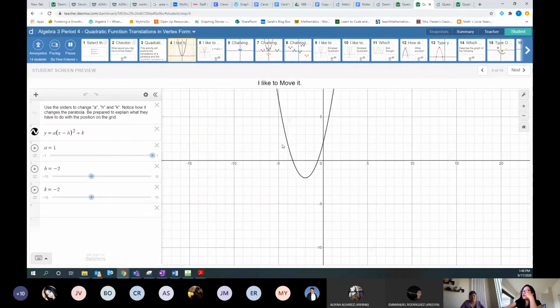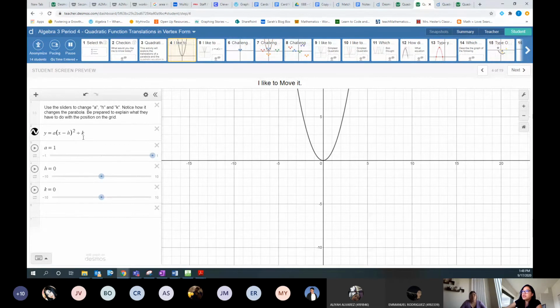So we have the parent function at 0, 0, right? Now you need to change the values of H. Isn't it going to be a negative, like you're going down? Yeah, the K is outside the parentheses.